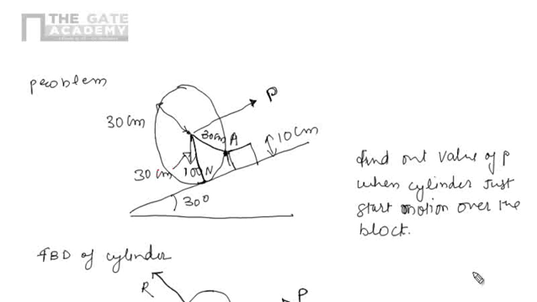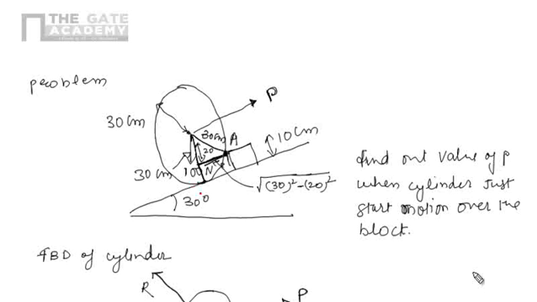And if we draw the line, this is 10, so this will be 20 centimeter. If we talk about this distance, by Pythagoras theorem, we can find out this distance will be square root of 30 square minus 20 square.